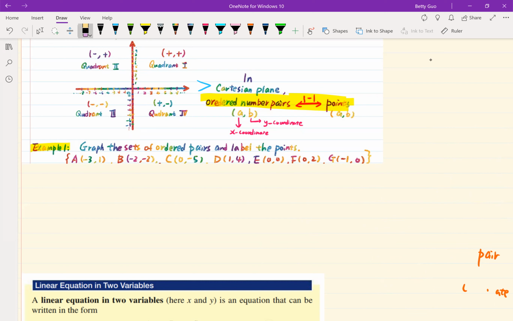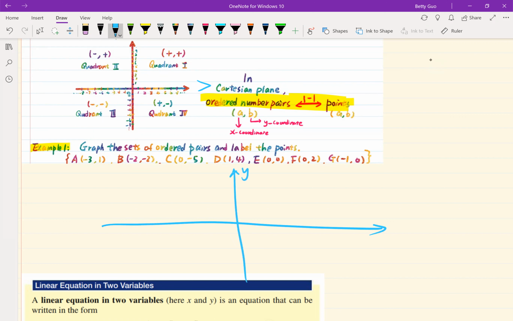If we are given some ordered number pairs, like in example 1, we need to plot their corresponding points. What should we do? Let's see. Firstly, draw a rectangular coordinate system. Horizontal scale, vertical scale. This is the x-axis, that is the y-axis. This is the origin.